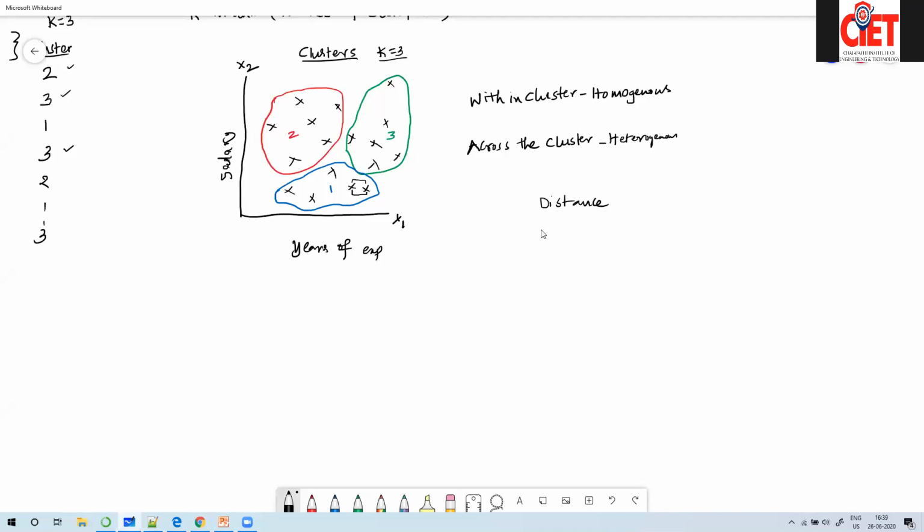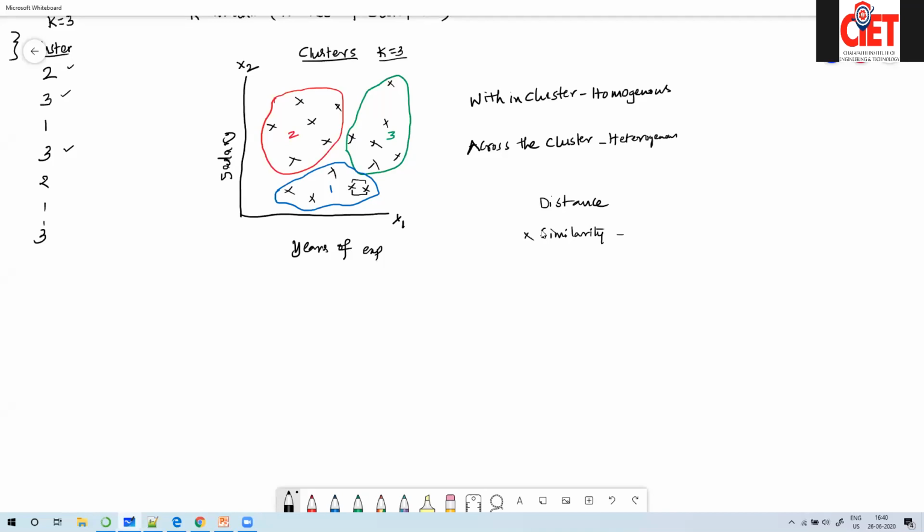One is a distance-based metric. The other one is a similarity-based metric. I'm not going to talk about similarity-based metrics here because it would take a lot of time and we need to understand other concepts also.